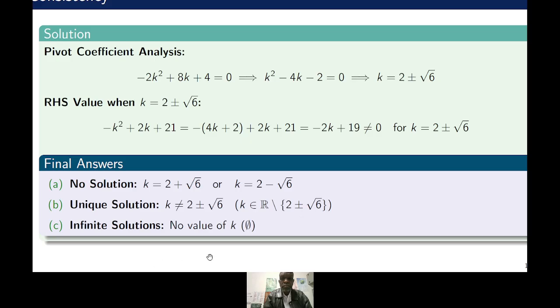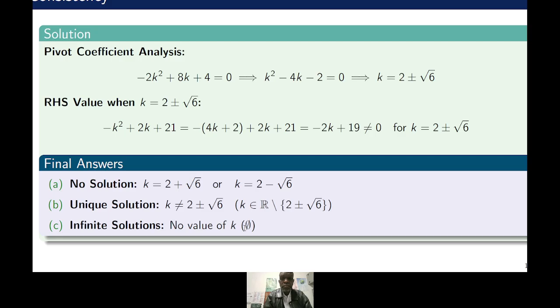Then, are we going to have both the left hand side and the right hand side being equal to 0? No, there are no values of k. So this system will never have an infinite number of solutions. So the solution set is the empty set.